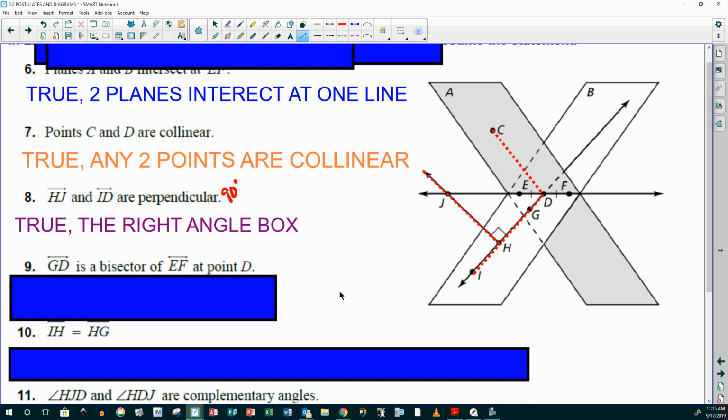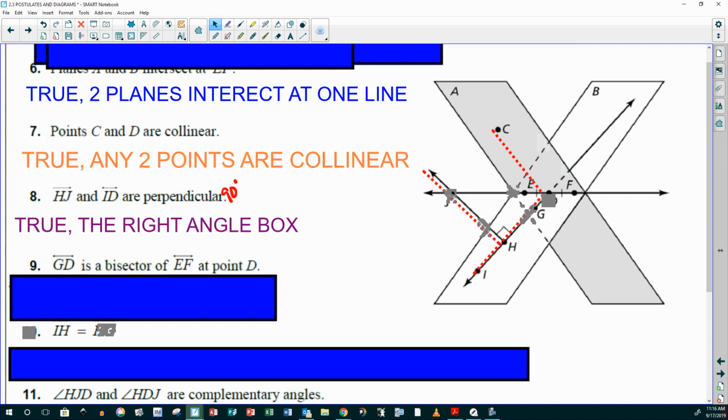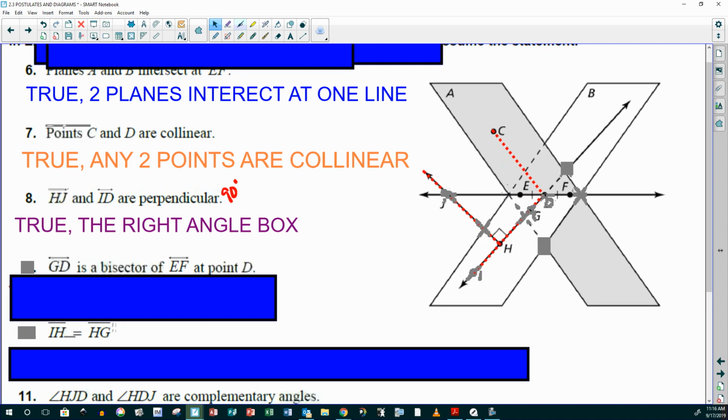In number 9, they're talking about line GD being a bisector of line EF. Well, first of all, if they're talking about a bisector, then I need to look for congruent tick marks. So it's a bisector of EF. So here is E and here is F. If I connect E and F, I notice there are these matching tick marks, so that means D is the midpoint.